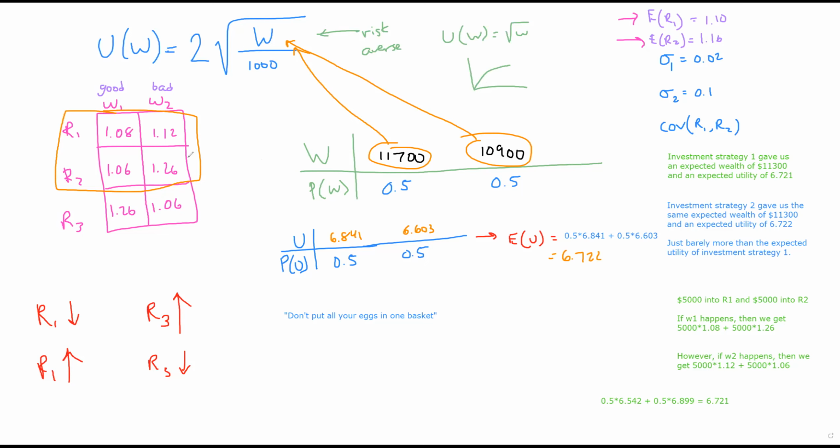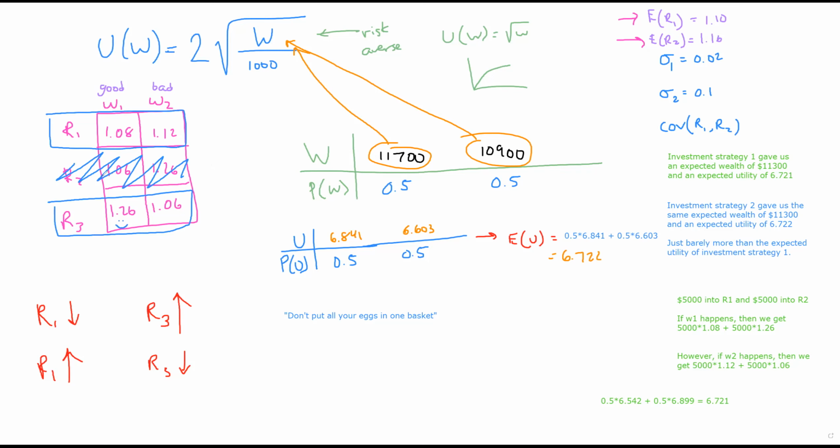So why would they prefer R1 and R3? Because in that situation, they're insuring against the bad outcome. They're hedging, so to speak. If they choose R1 and R3, these two financial instruments, if W1 happens, great, I win in R3.